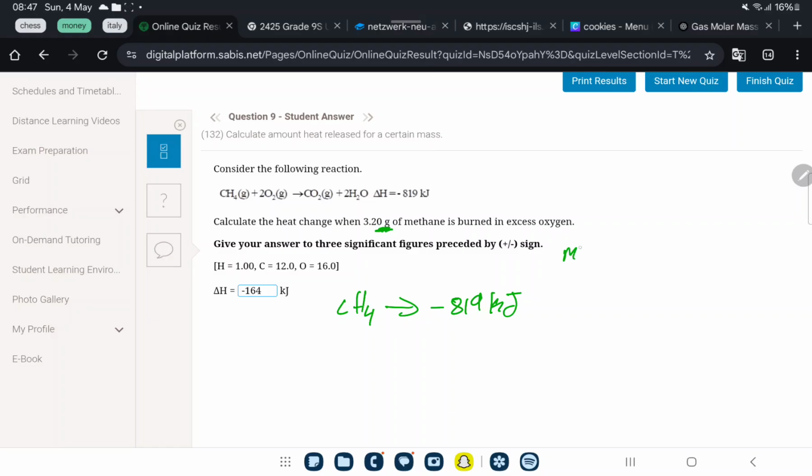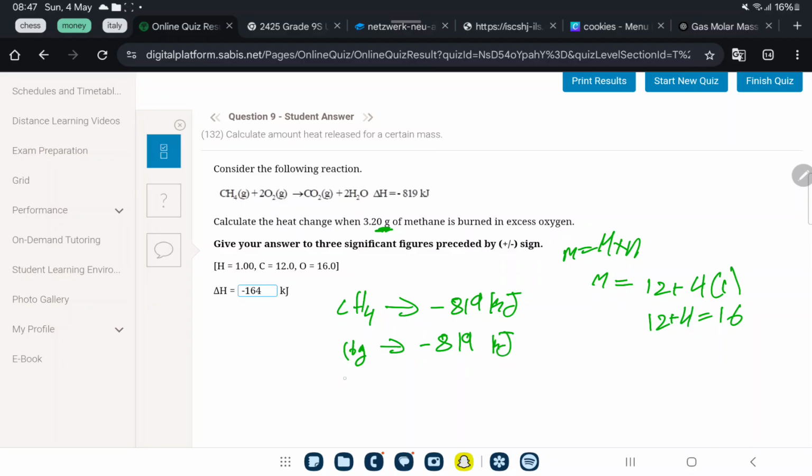So mass is equal to molar mass times moles. Here it's only 1 mole, so it's equal to the molar mass. Molar mass is equal to 1 C, so 12, plus 4 H, H is 1, so 12 plus 4 equals 16. So 16 grams equals minus 819 kilojoules.